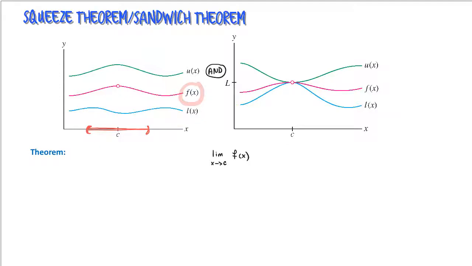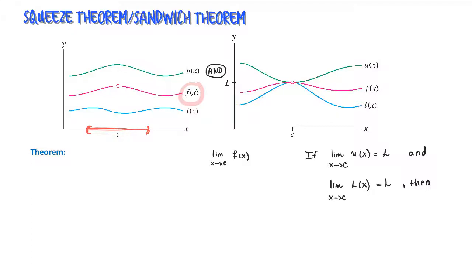In other words, if we know that the limit as x approaches c of U of x is equal to L, and we also know that the limit as x approaches c of L of x is equal to L, then the theorem will say that the function in the middle that is being squeezed, in other words, f of x, will also have the same limit as U and L.